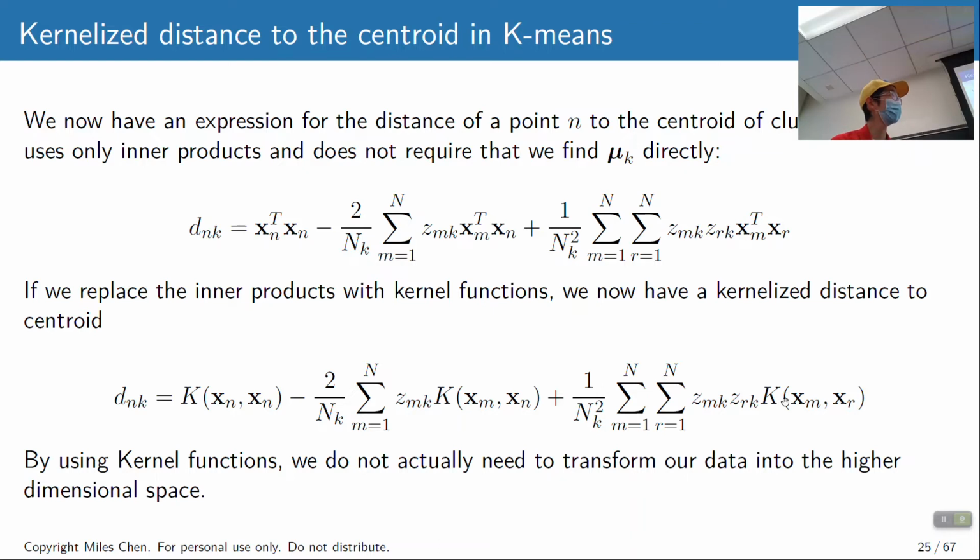We've got the inner product of these two things. Let's apply a kernel function there. And again, a kernel function is we take our point, transform it into a higher dimension, and take the inner product. And this allows us to basically get these distances without ever having to actually transform the points into a higher dimensional space.